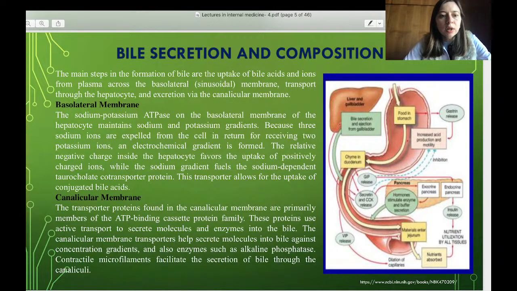The canalicular membrane transporters help secrete molecules into bile against concentration gradients, and also enzymes such as alkaline phosphatase. Contractile microfilaments facilitate the secretion of bile through the canaliculi.